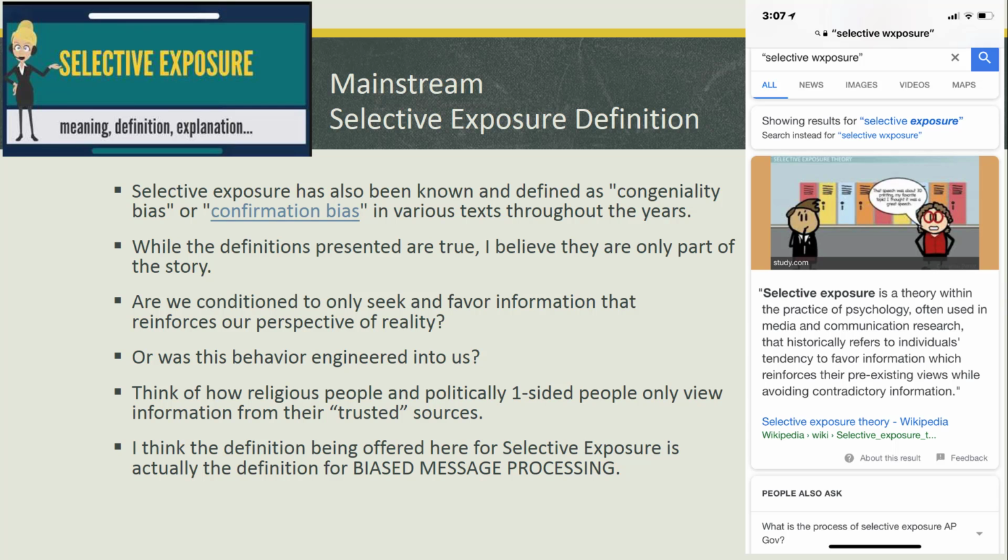Think of how religious people and politically one-sided people only view information from their trusted sources. I think the definition being offered here for selective exposure or congeniality bias is also the definition for biased message processing. So all of these definitions are placing the blame on the viewer for only wanting to consume information that reinforces their version of reality.